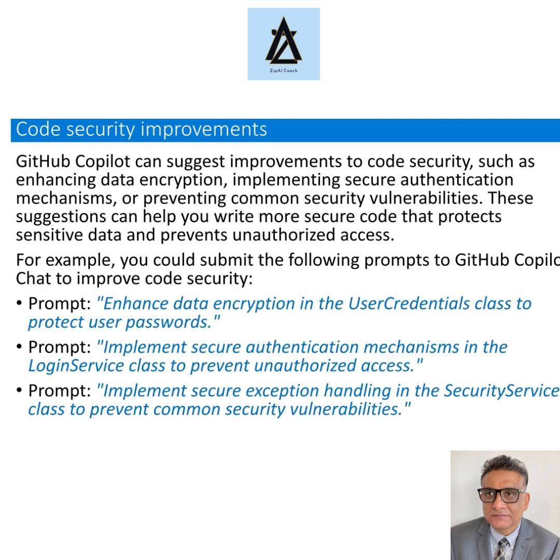And also, this is very important if you have a code which deals with sensitive data. You can ask Copilot to help enhance data encryption, implement secure authentication, and secure exception handling. So, GitHub Copilot is not only helping you in terms of the functional requirement, but also helps you improve the non-functional aspects of the code, which is very, very useful.